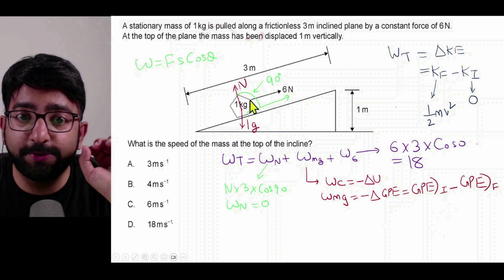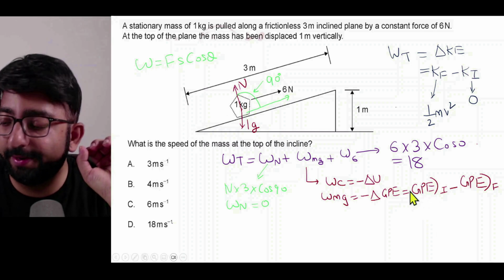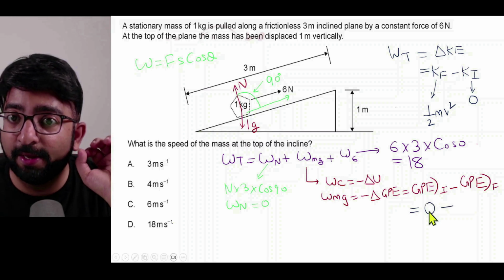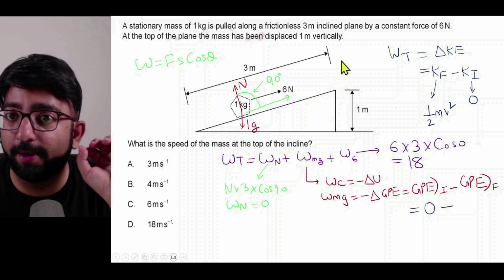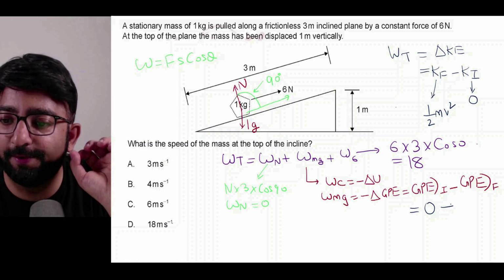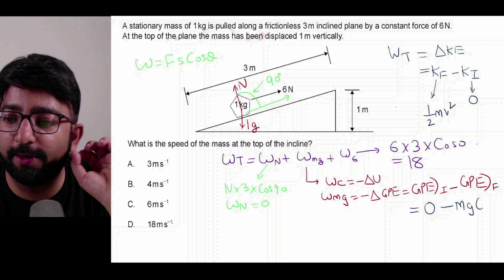Initially the object was over here on the ground, so the initial GPE we can write as 0, minus, finally the object is over here, so the GPE will be mgh, where the height is 1 meter. So we will write negative of m into g into 1.